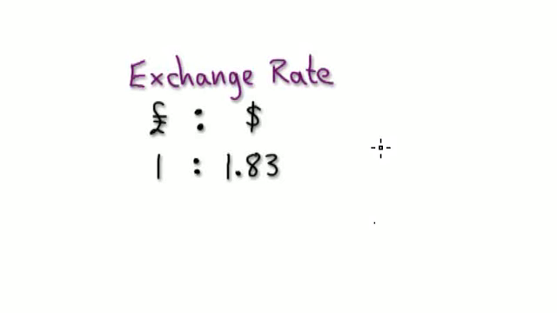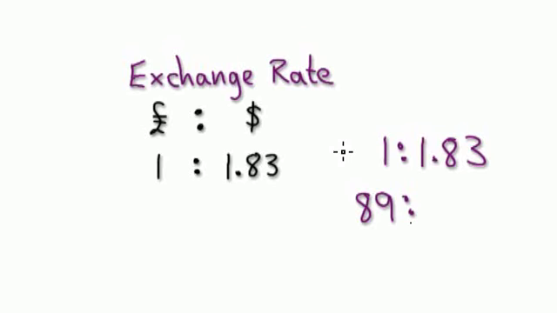Well, start by doing this. The ratio is 1 to 1.83. Now, you want to know how much? Well, you're given 89 pounds. So you want to know x here. It's a matter of starting here and then jumping into the x here.